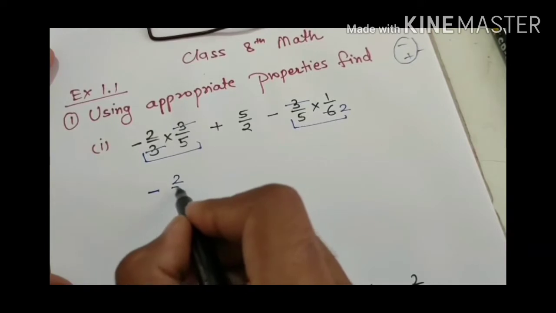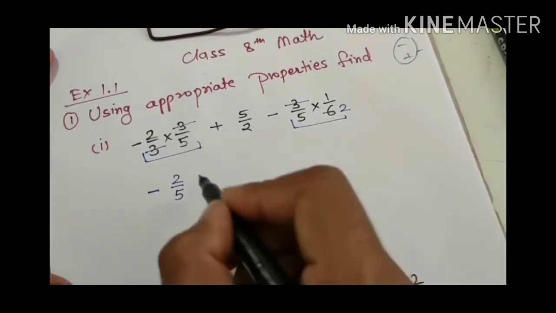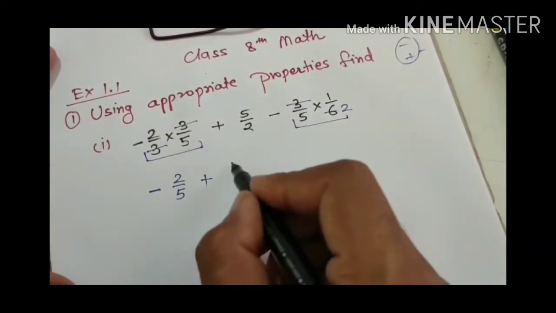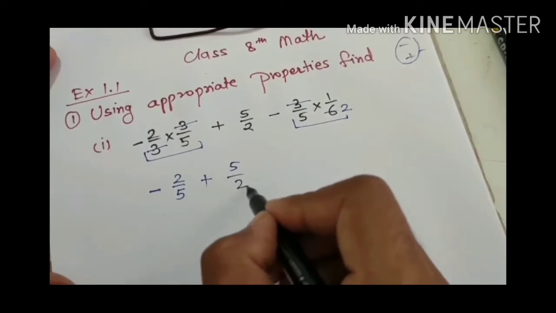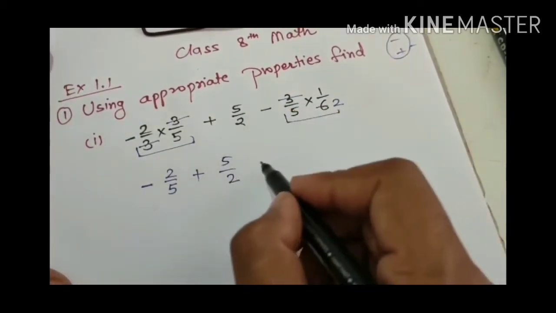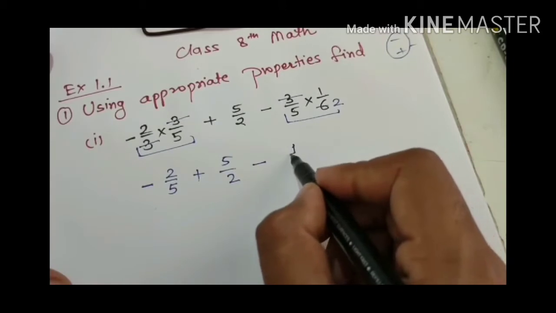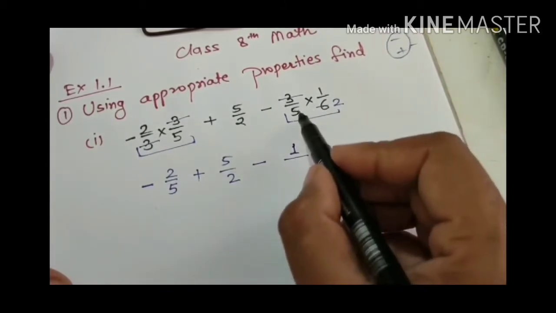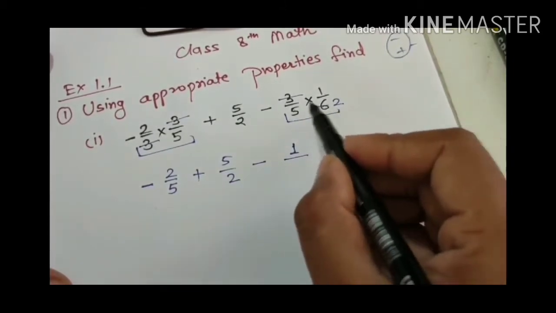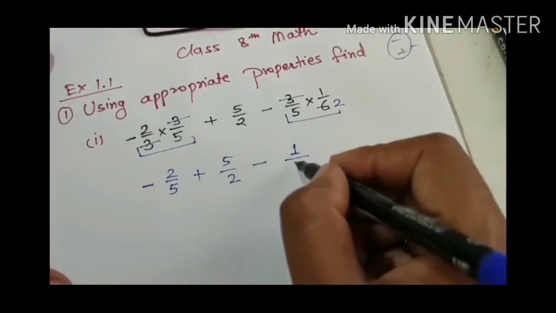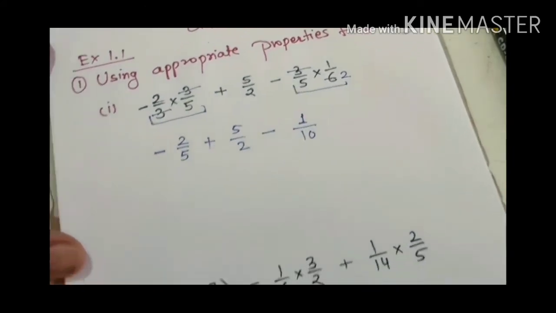So 2 by 5 plus, as it is, 5 by 2. Then minus 1 by 5 2s are 10. That's done.